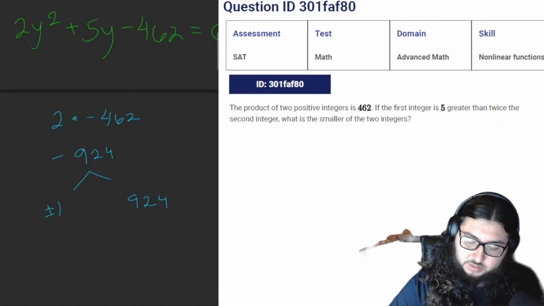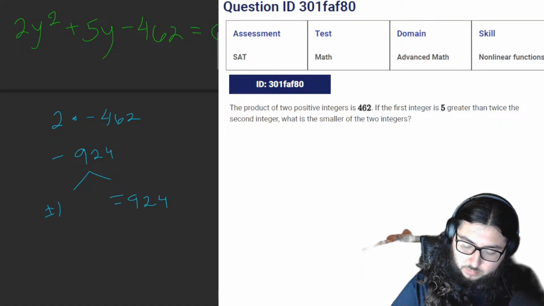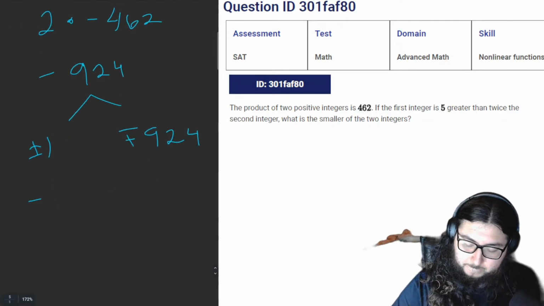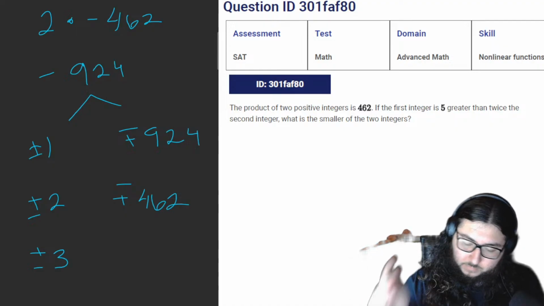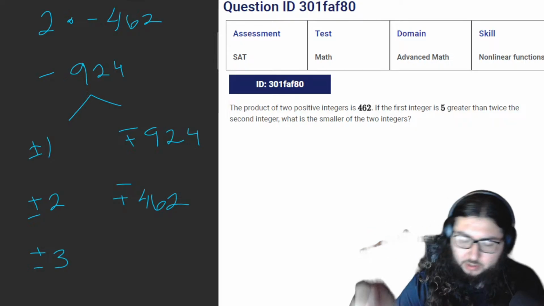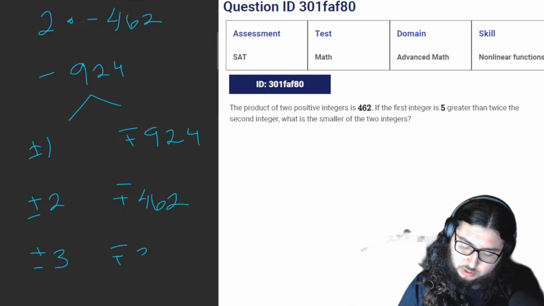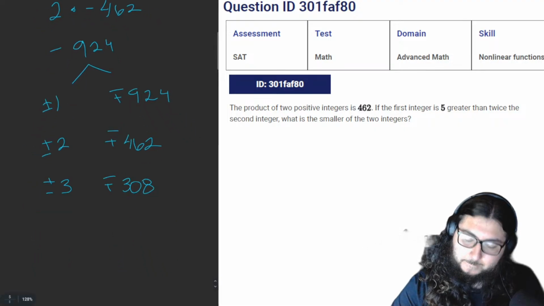I guess it'd really be minus plus, or minus 2 minus plus 462, plus or minus, is this divisible by 3? It is, 3 and 308.